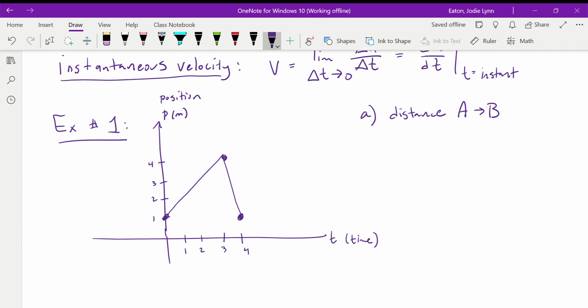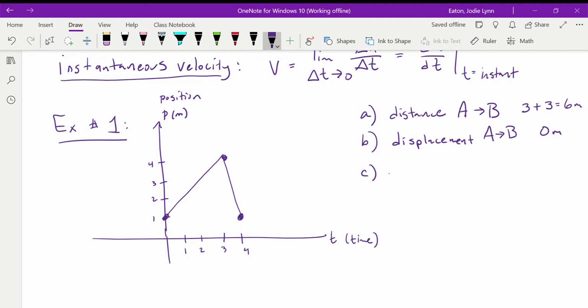So the total distance is 6 meters. Our total displacement from A to B is 0 meters. Why? Because we ended up in the same place we started. We've moved, but we came back to the place we started.